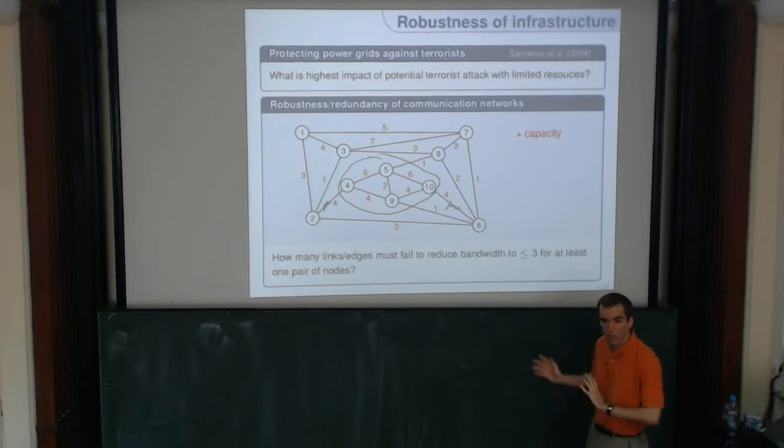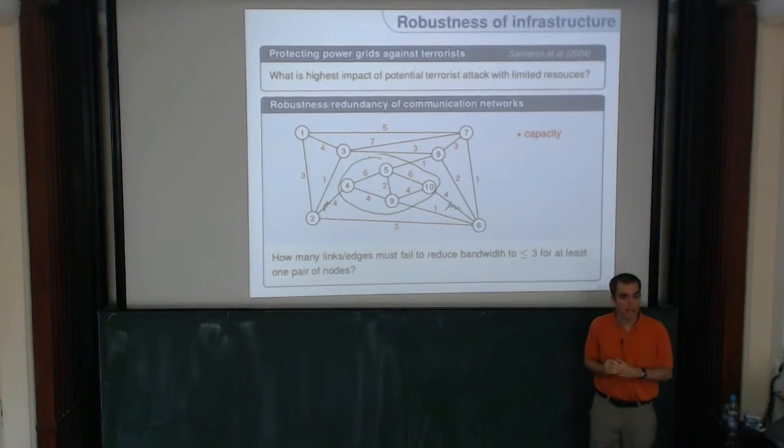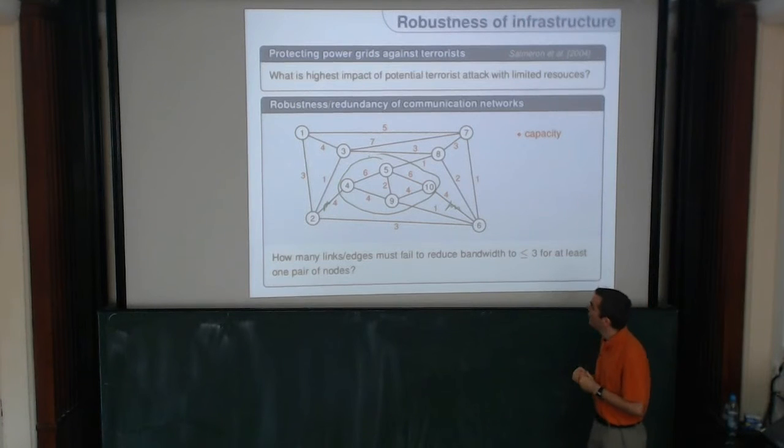A few observations I'd like to make: you can think of the attacker as essentially trying to attack a particular cut, because you want to create a cut of value as small as possible. So you can think of the attacker first choosing a cut to attack, and then removing edges crossing that cut. Of course, you will remove the edges of highest capacity first. That's kind of obvious: you know what cut you want to attack, and it's obvious how you attack the cut.